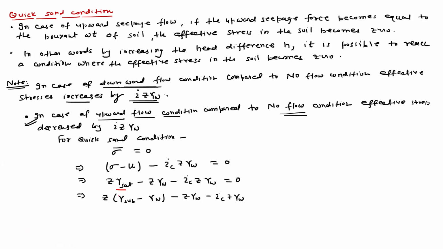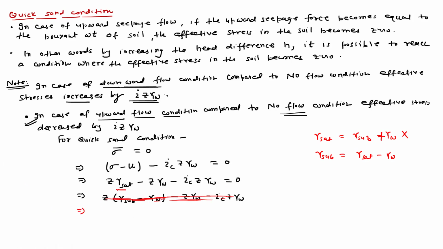Okay, so this part is wrong. Why is it wrong? Gamma submerged is equal to gamma sat minus gamma w. Okay, so this is minus, not plus. So remove this.